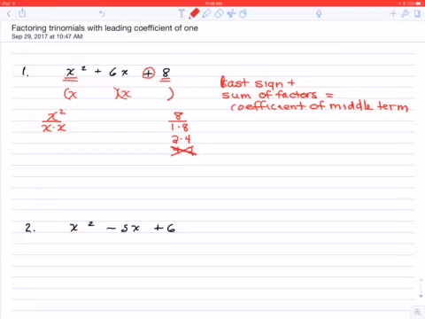All right, so here's the coefficient of the middle term. It's a 6. So we want the sum of these factors to equal 6, so that 2 and 4 will do it.